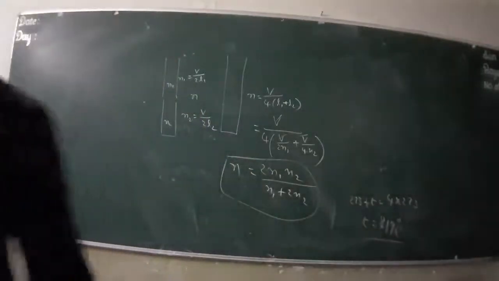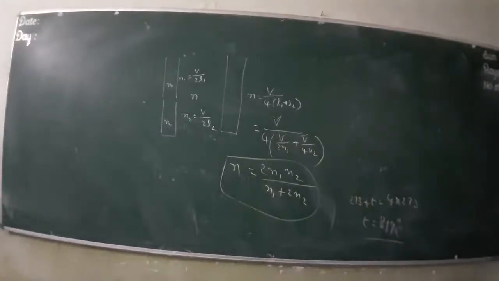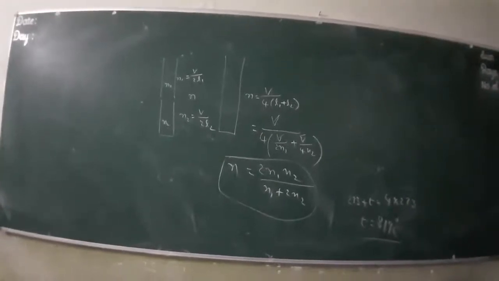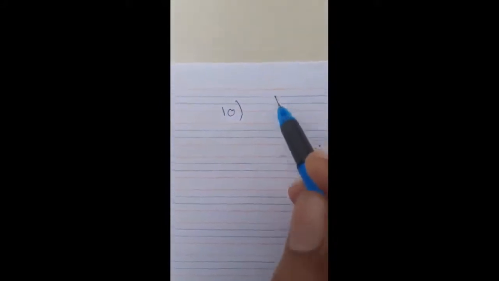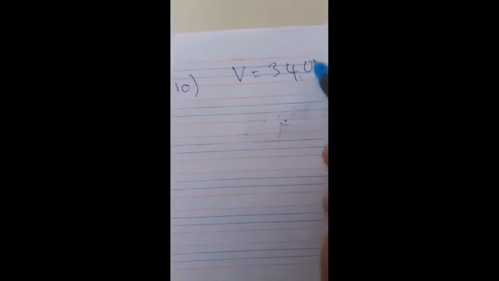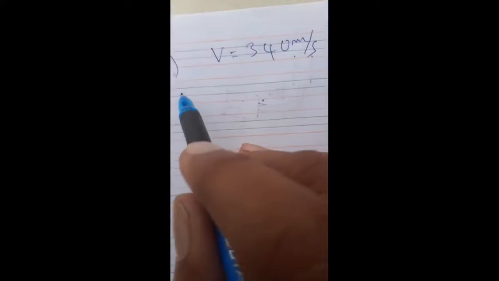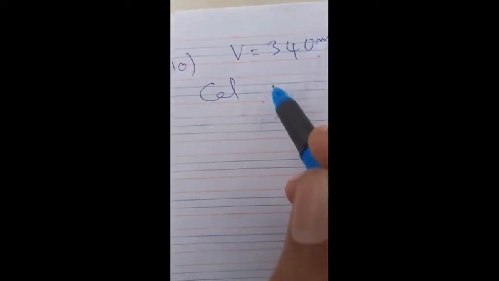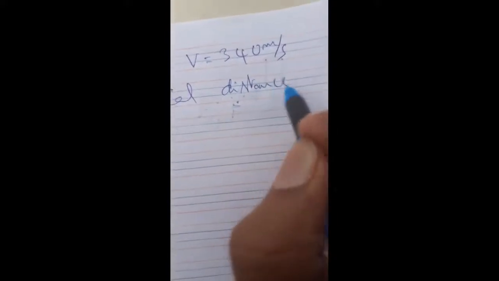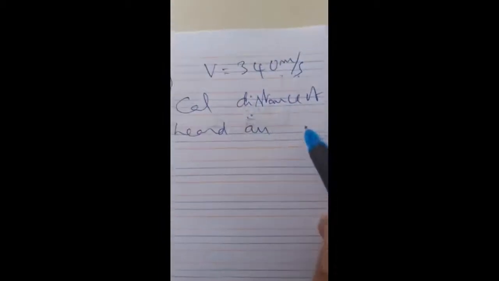Some more problems we can do later about beats, Doppler effect, echoes, etc. Next problem: the velocity of sound in air is 340 meters per second. Calculate the distance of the obstacle to hear an echo.